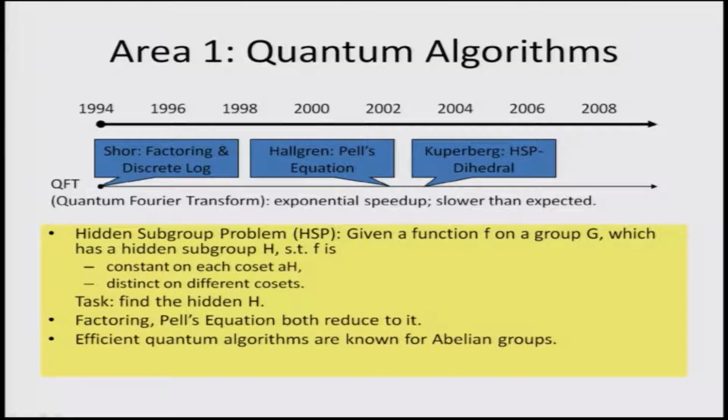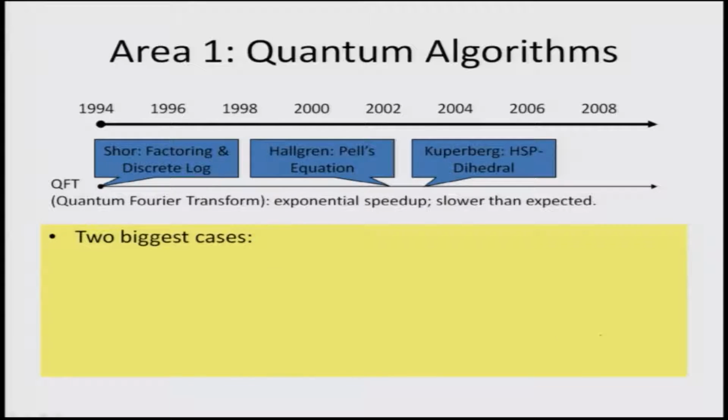The task is to find the hidden subgroup H. Factoring and the Pell equation both reduce to this, and efficient quantum algorithms are known for these kinds of cases, which are the Abelian groups. The question is whether the hidden subgroup problem for non-Abelian groups can be solved.